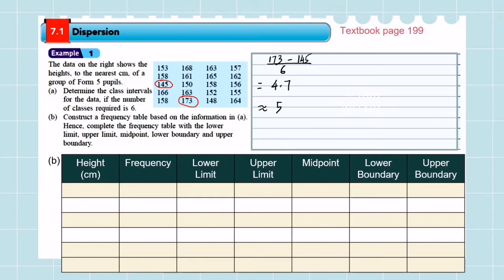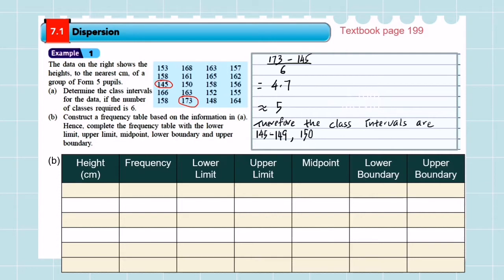Therefore, the class intervals are, from the smallest number, 145. Then you count 5. So 145, 146, 147, 148, and 149. After 149 is 150, right?